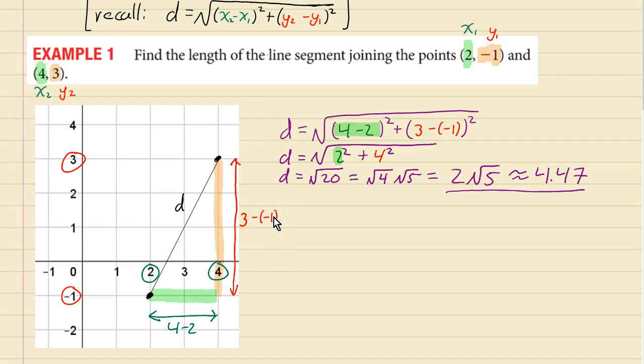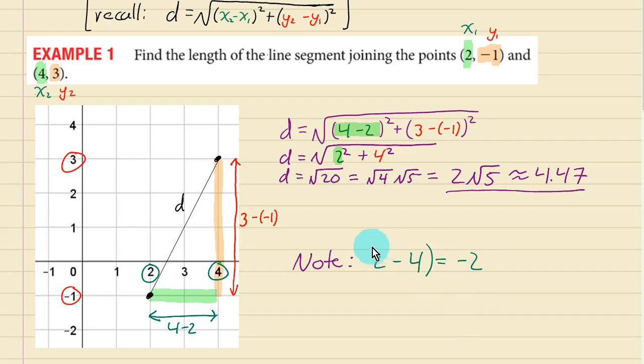So that generally works. You notice sometimes this will come out to be a negative number, like if I ordered the points differently, like if this was point number 2 and the other point was point number 1, we would have ended up doing 2 minus 4 instead. If your x2 was equal to 2 and your x1 was equal to 4, that would give you -2.